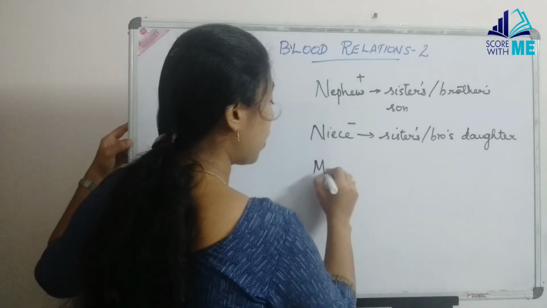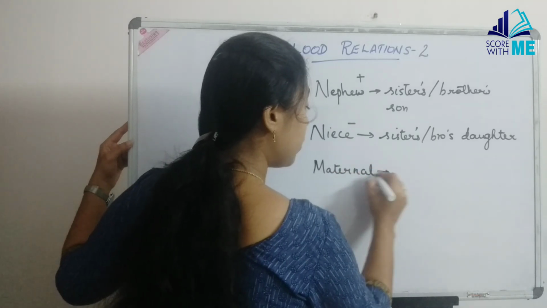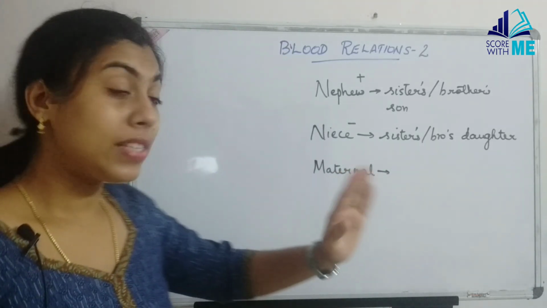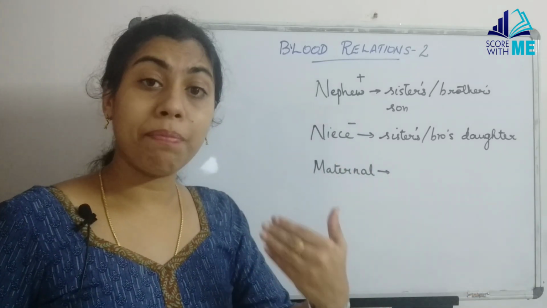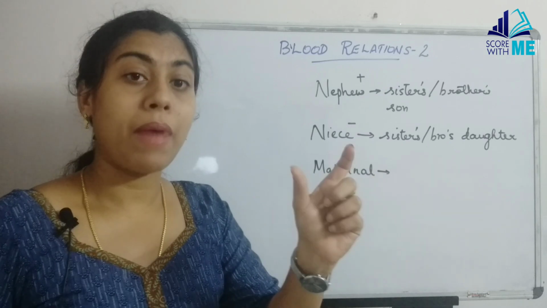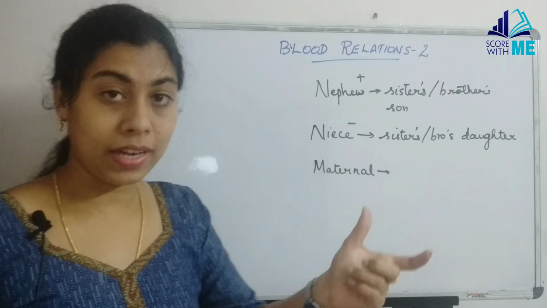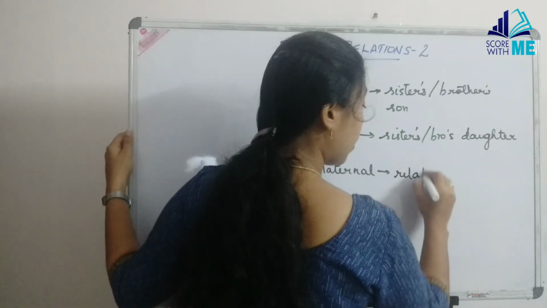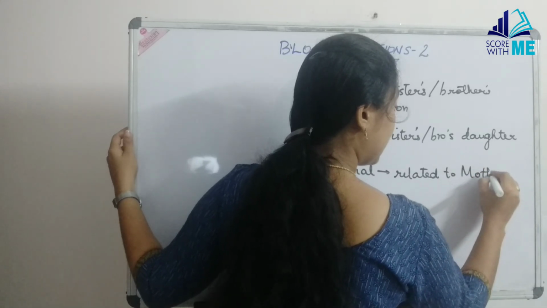Then come the terms related to maternal and paternal. Any relationship with respect to mother or related with mother is maternal. Say for example, my mother's brother is going to be my maternal uncle. My father's brother is going to be my paternal uncle. So all relationships related to mother come under maternal.